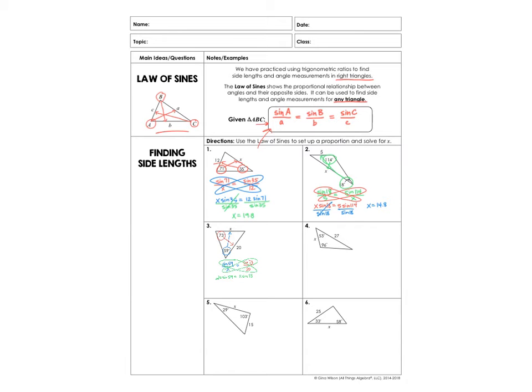So to get x by itself, we divide by sine 73. And then you put that into your calculator. So 20 times the sine of 59 divided by the sine of 73 equals 17.9. Okay, so that's how you set up all of the problems where you are looking for a side length. So let's look at the back. Complete 4, 5, and 6.